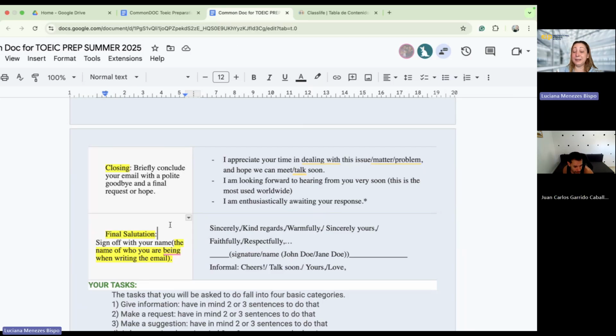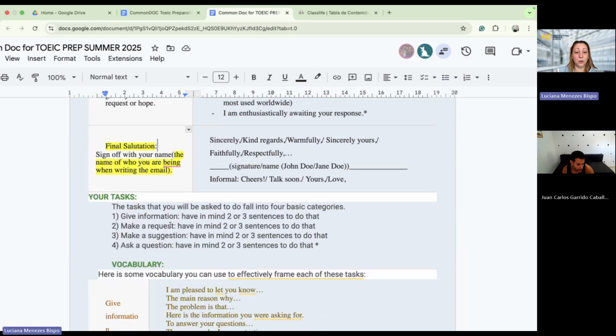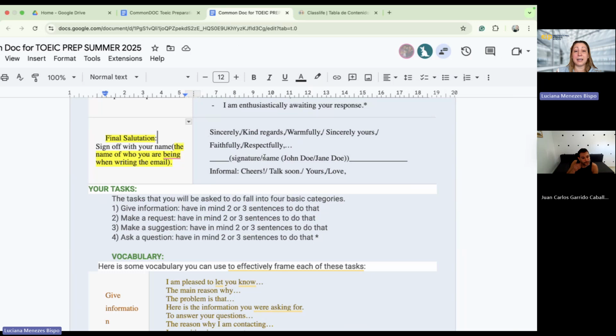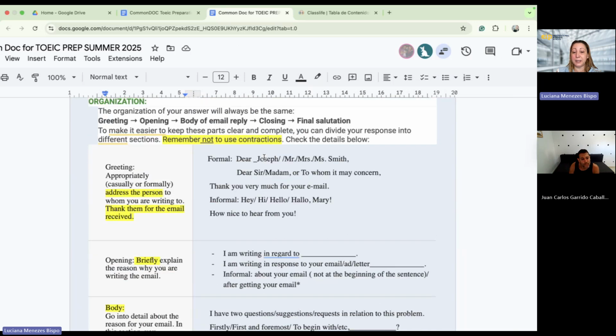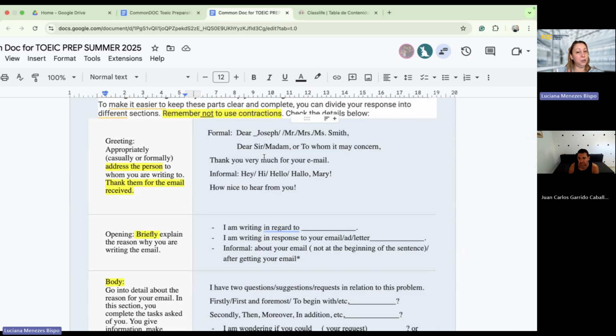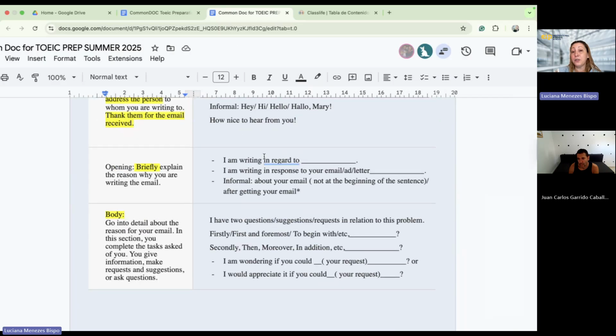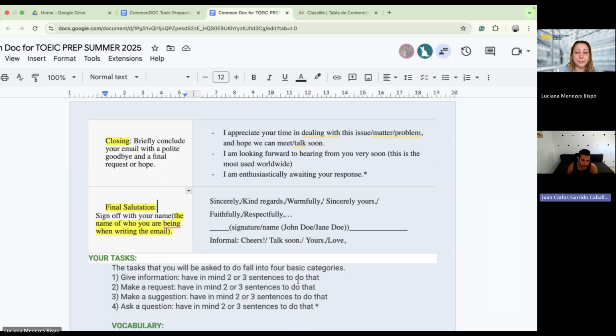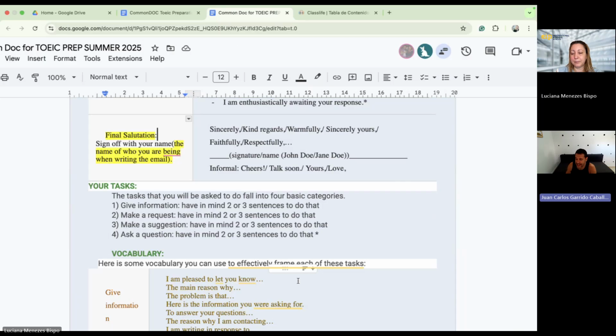And this is our bank of sentences. Of course, you can use whatever you prefer. You are not obliged to use these sentences, but they are very common in professional emails. It's also a big help because you get used to using more or less the same ones for the formal email.